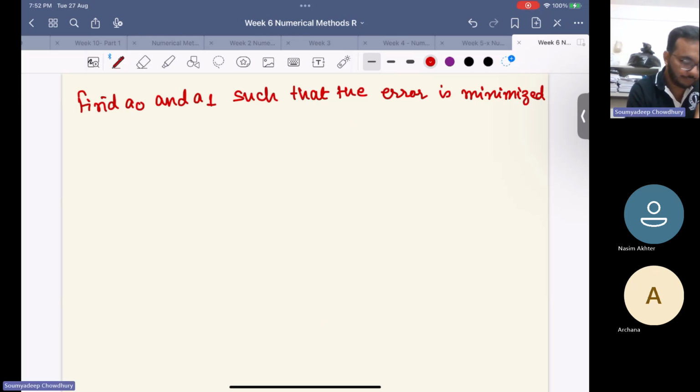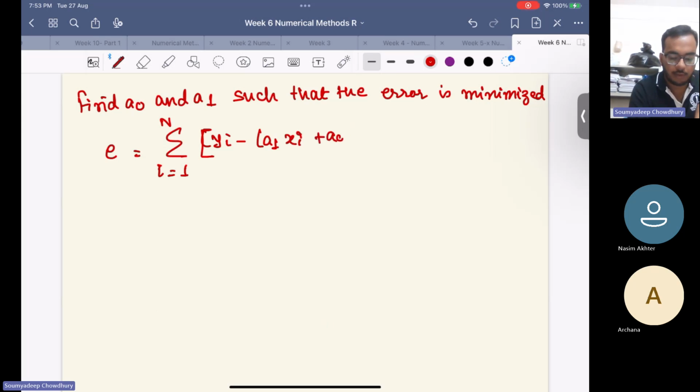What was my error? It is the sum of yi minus (a1xi plus a0) whole square, right? So if you want to minimize this function and find a1 and a0, what should we do?